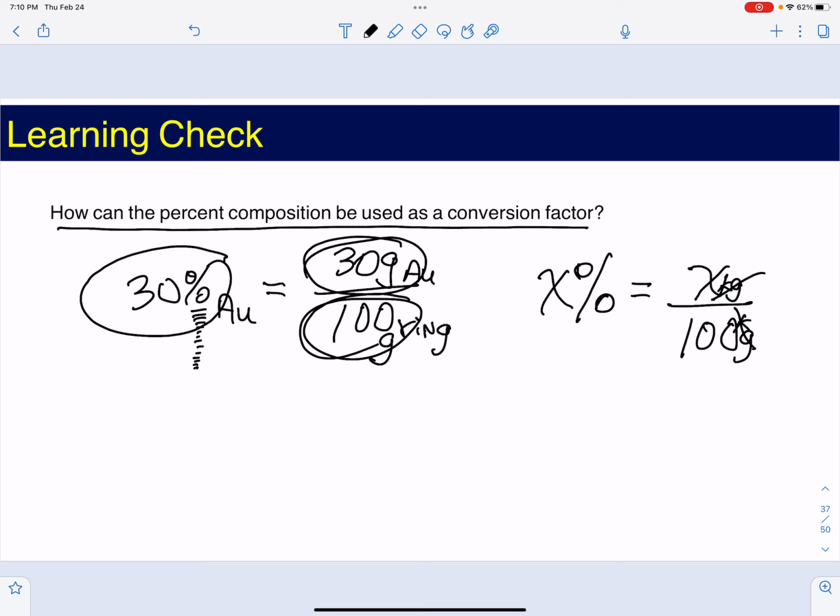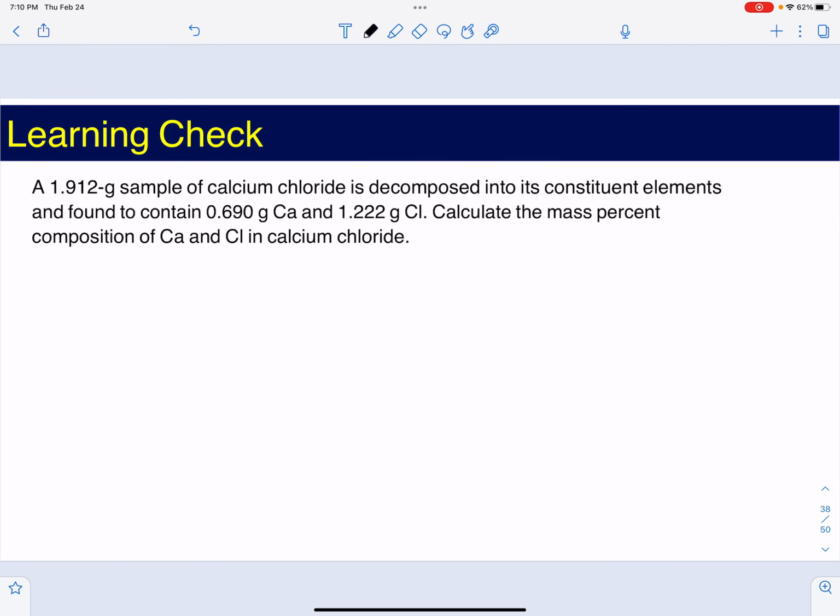So let's go ahead and use that. A problem like this: you have a 1.912 grams sample of calcium chloride. Immediately you should be saying, oh, calcium chloride, I know how to do that formula. Calcium is +2, chloride is -1, crisscross, CaCl2. And you know the reason behind it.